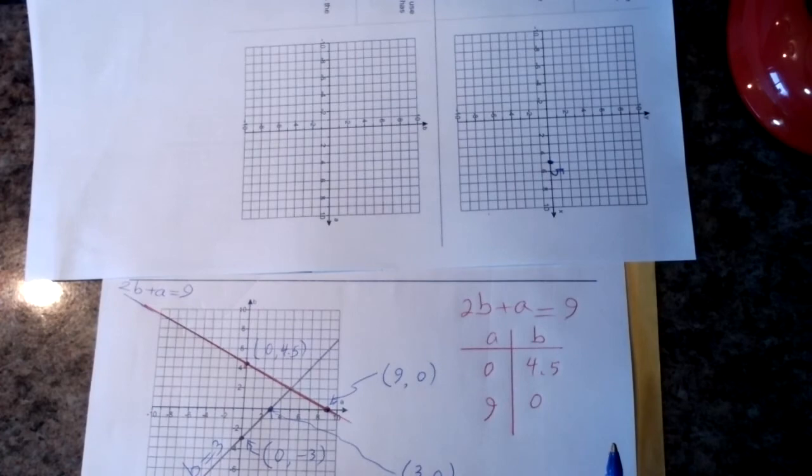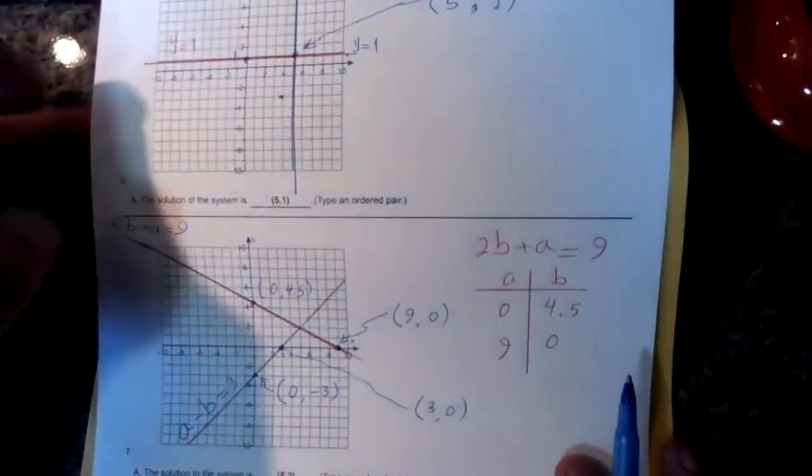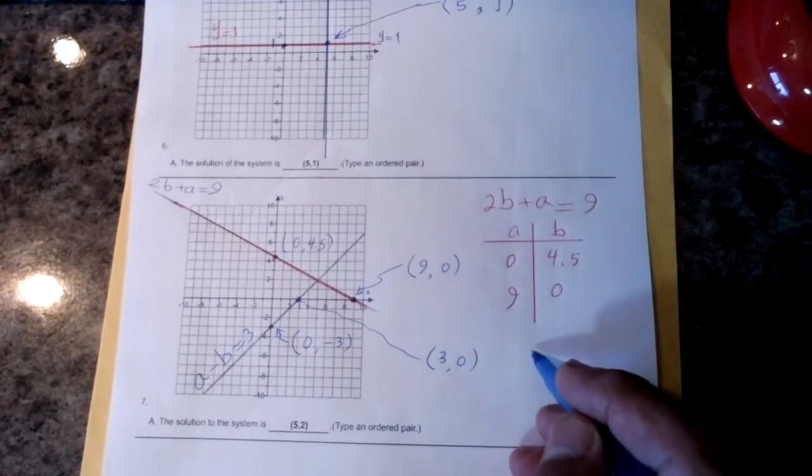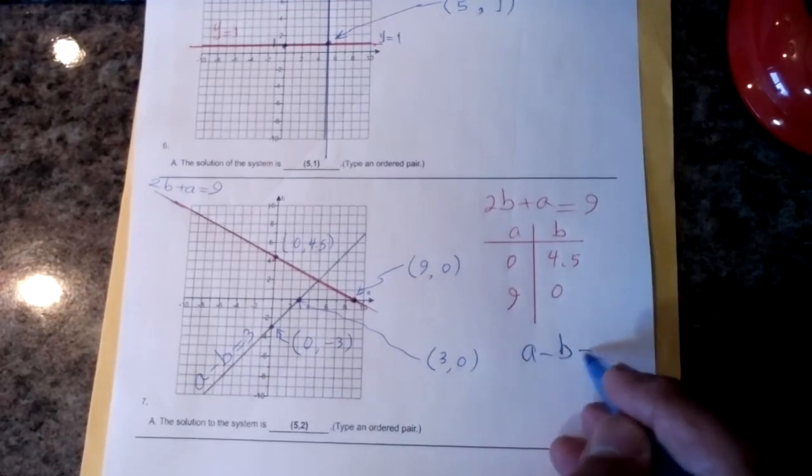Now I want to graph a minus b equal to 3. A minus b equal to 3. So in that case, again, you draw the table.